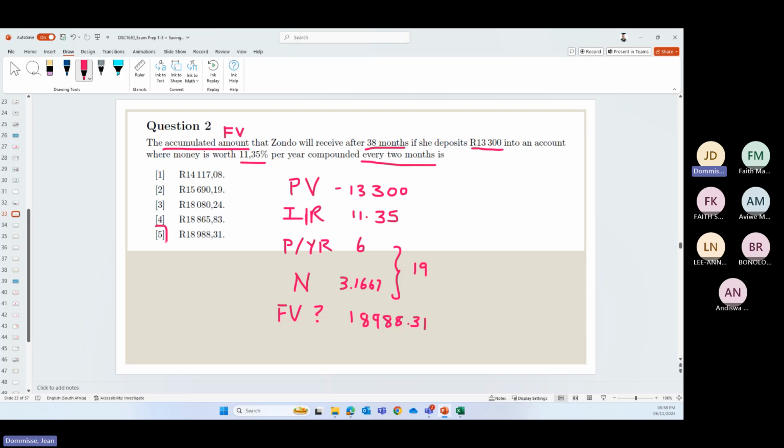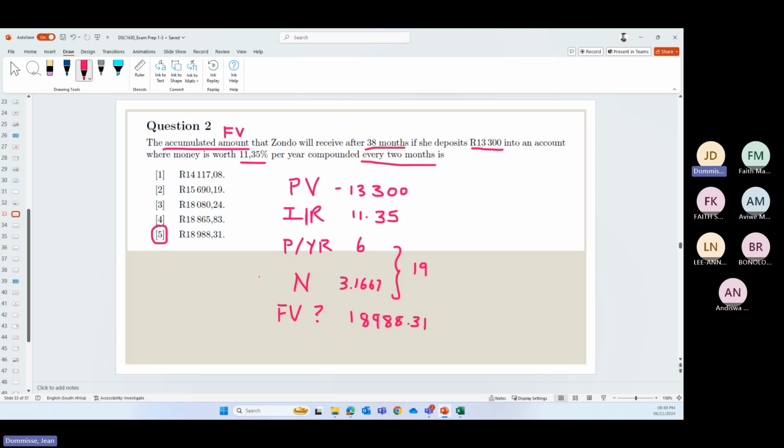Okay, option 5. But again, with all those eights, it's very easy, even in the exam, to make a mistake in just looking at some of these numbers and maybe picking the wrong one.